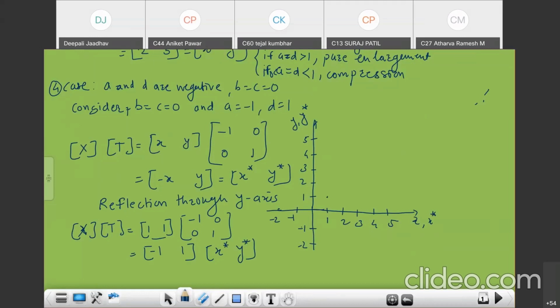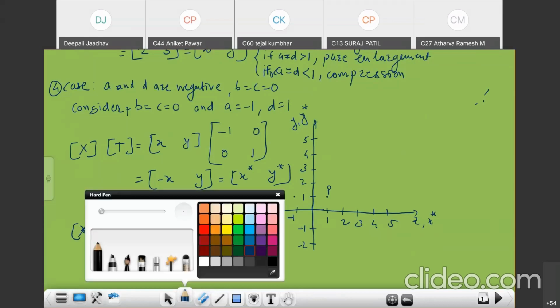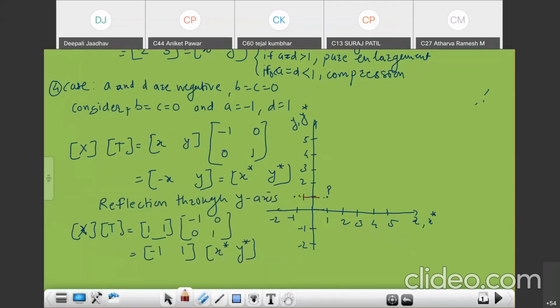That is our point P. And what is the new point? X is equal to -1 and Y is equal to 1. So here our point is transformed from here to here. What we call this is a reflection through the Y axis. You can see the reflection through this Y axis. It is reflected here.